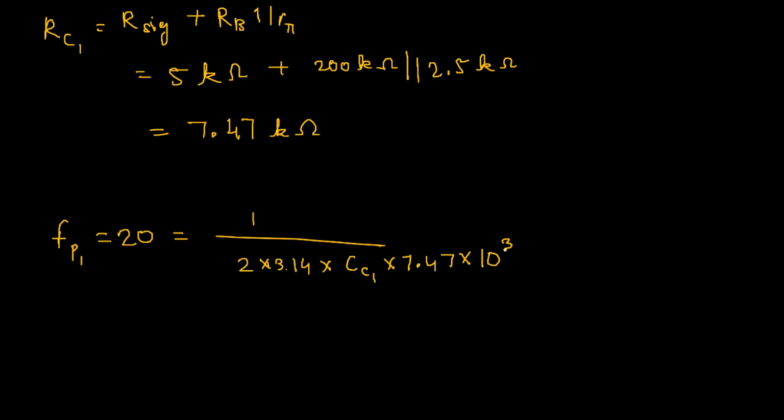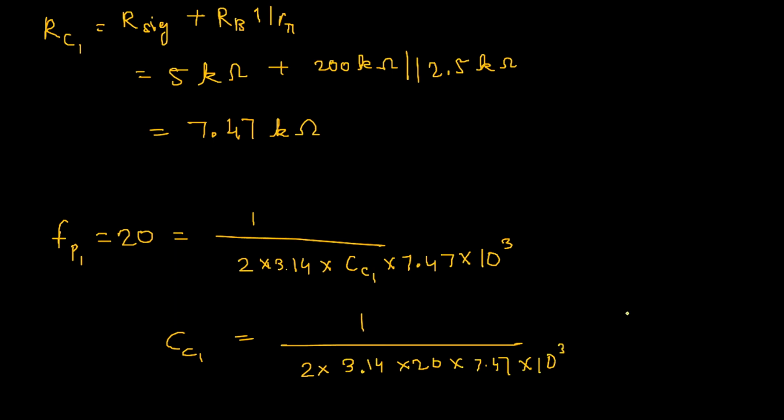Right, okay, so upon multiplying this, I take CC1 to the other side, get CC1 is equal to 1 divided by 2 into 3.14 into 20 into 7.47 into 10 to the power 3. So this comes out to be 1.07 into 10 to the power minus 9 farads, which is around 1.07 microfarad. This is minus 6.